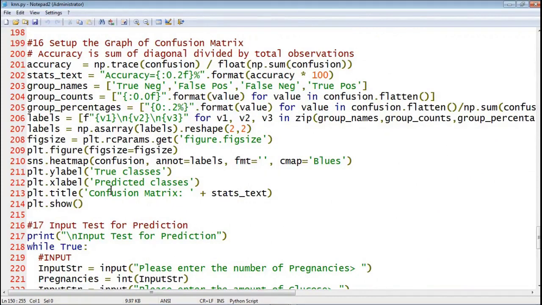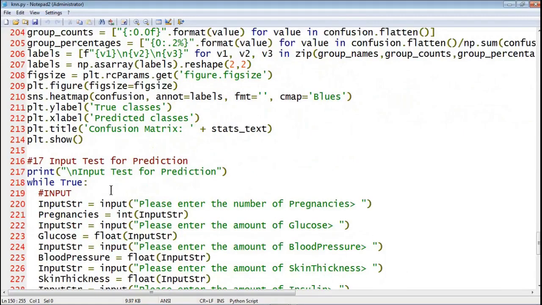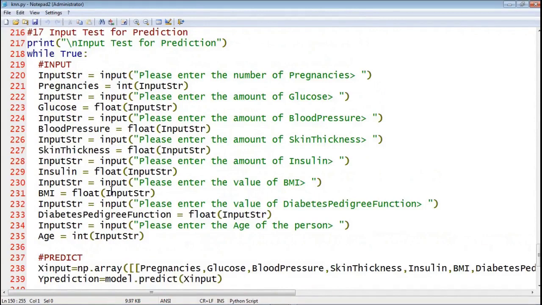At lines 201 to 214, it plots the graph of the confusion matrix. Finally, at lines 217 to 249, the user inputs test data for prediction.